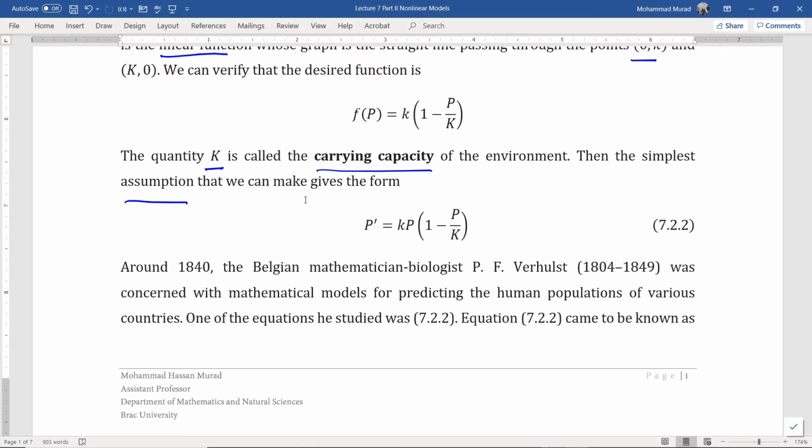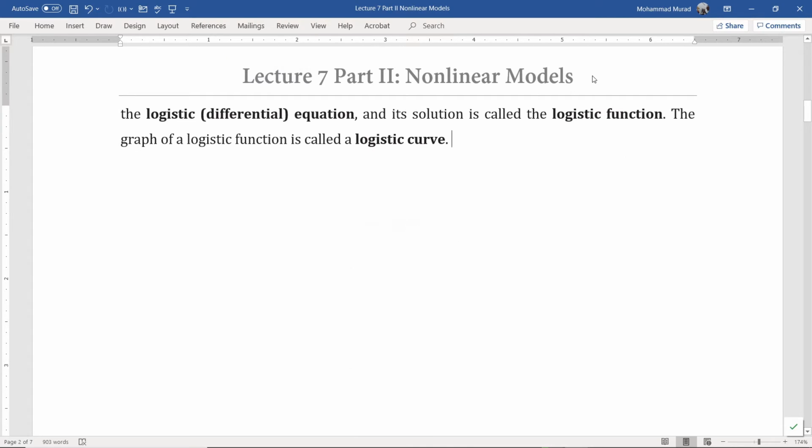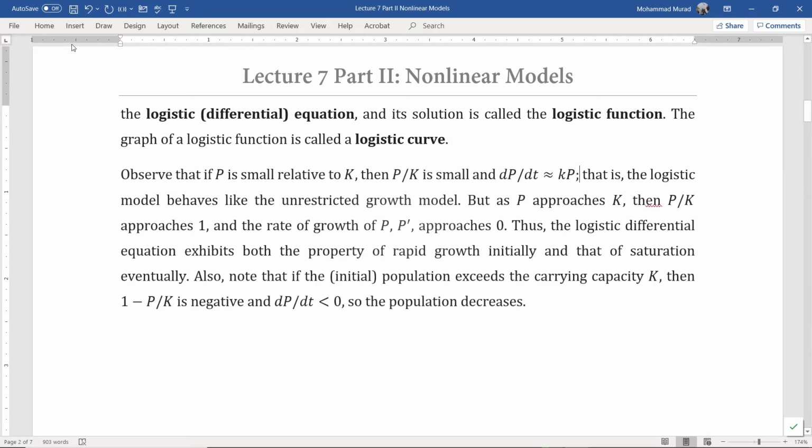Equation 7.2.2 came to be known as the logistic differential equation, and its solution is called the logistic function. The graph of the logistic function is called a logistic curve. We observe that if P is small relative to K, then the quantity P over K is small.